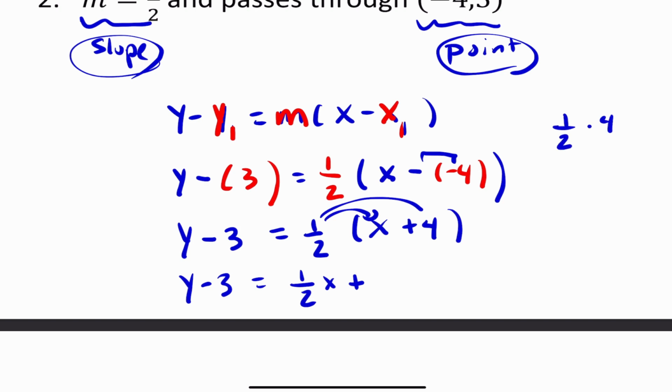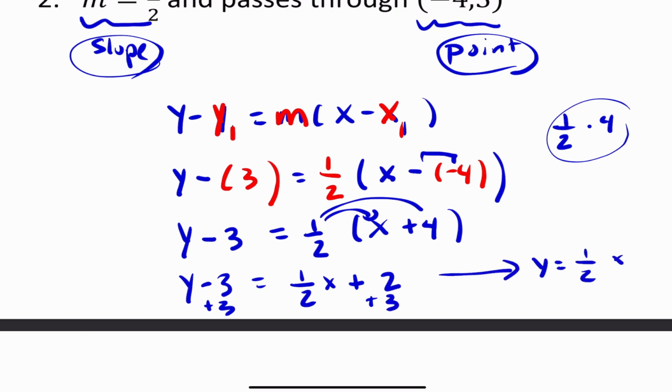And basically what this is saying is, what is a half of 4? And half of 4 is just 2, okay? And now I need to solve for y, because that's going to get me to my y equals mx plus b. So that's y equals 1/2 x plus 5. And that's my answer. Okay.